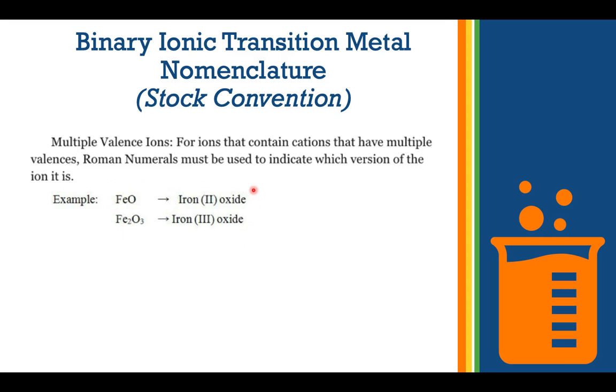The key to solving these really is to look at whatever is your non-metal. Okay? If you look at your non-metal and you look at the charge of that, that will help you figure out what is the number on the preceding transition metal if there is no subscript. Okay? So this has a -2 charge.